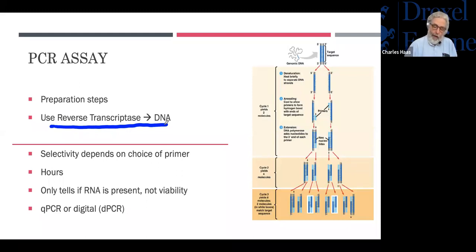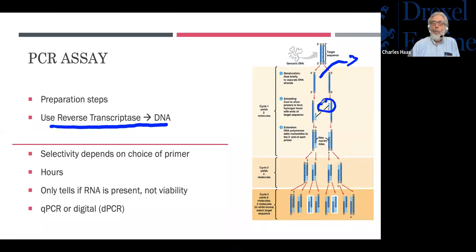The first step is to unzip the double-stranded DNA that's formed with reverse transcriptase. We use what are called primers, segments of nucleic acid, usually anywhere from 100 to a couple hundred, maybe even to 1,000, that are highly selective for the particular sequence that we want to look at.